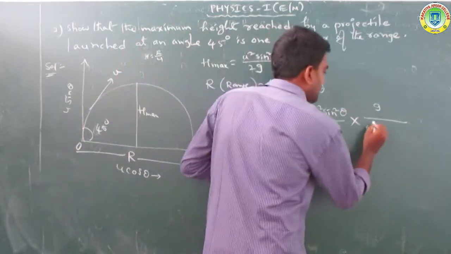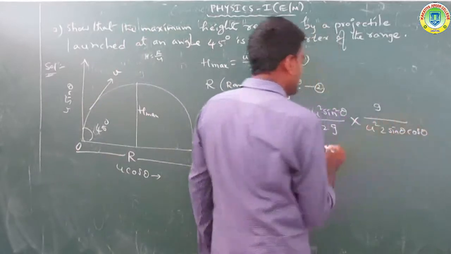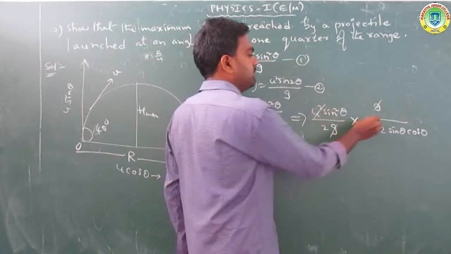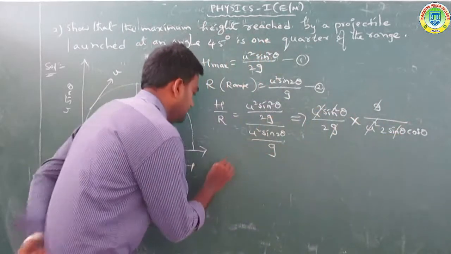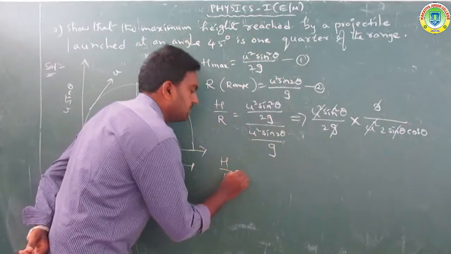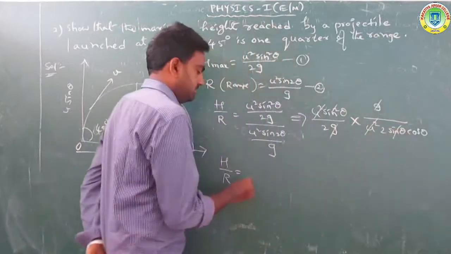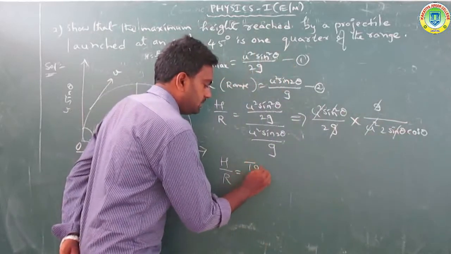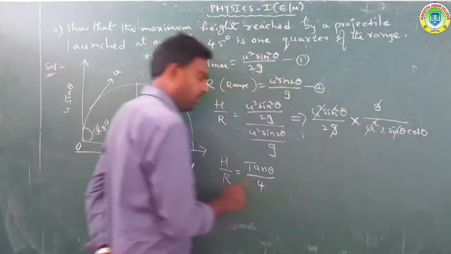So g cancels, u square cancels, one sin cancels. The remaining equation is H by R equal to sin theta by cos theta, which is tan theta, by 4, since 2 into 2 is 4.